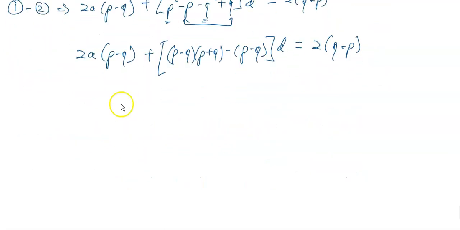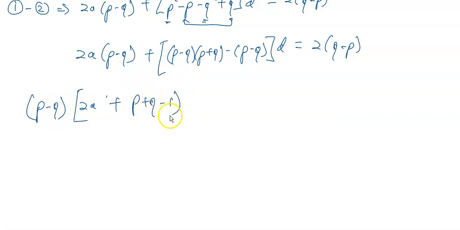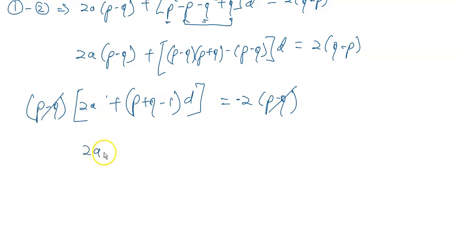Now we can write 2a plus, taking p minus q common, plus p plus q minus 1 into d equal to 2 times, taking the minus sign common, minus p minus q. So these cancel, p minus q cannot be equal to 0. So we are finally getting 2a plus p plus q minus 1 into d is equal to minus 2.